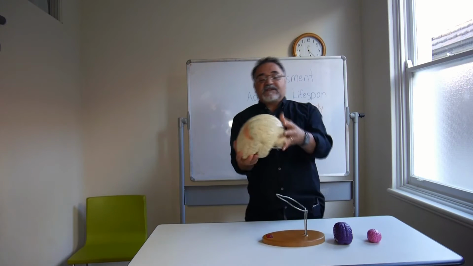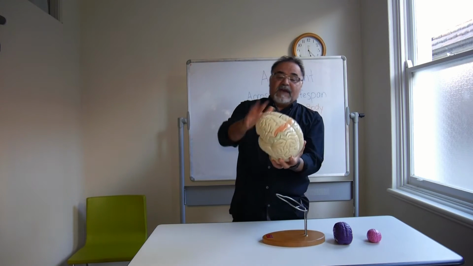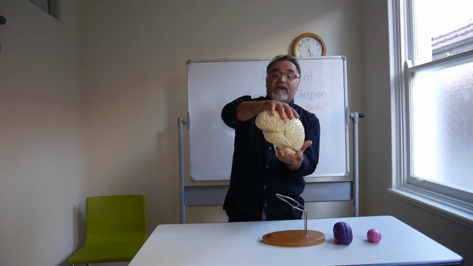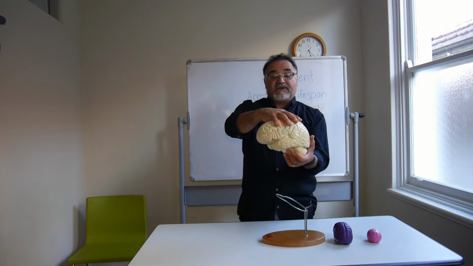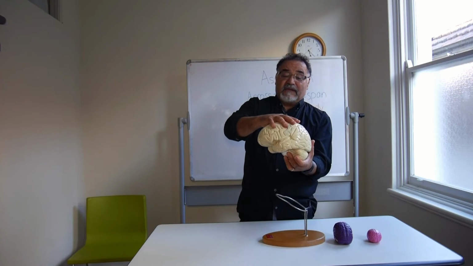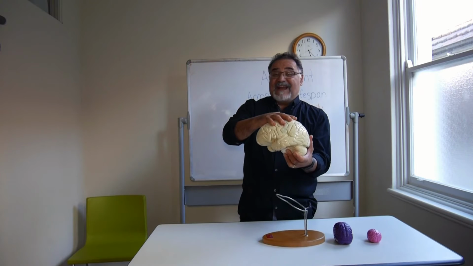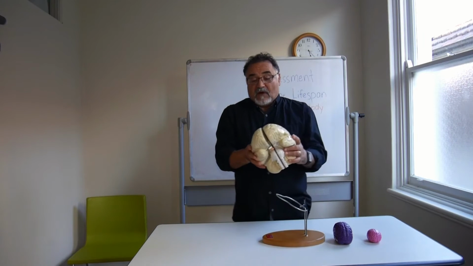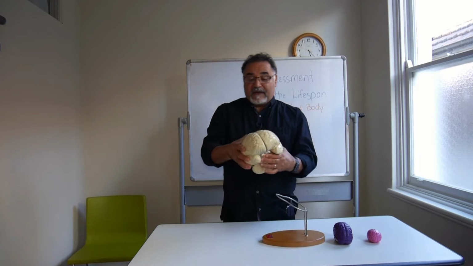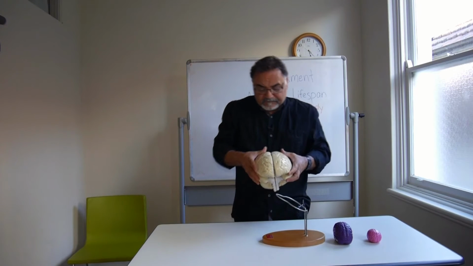And between the frontal and the occipital and above the temporal, we have our parietal lobes. And the parietal lobes are important because they are involved with association and integration of incoming information, whether that be visual, auditory, or somatic sensations.